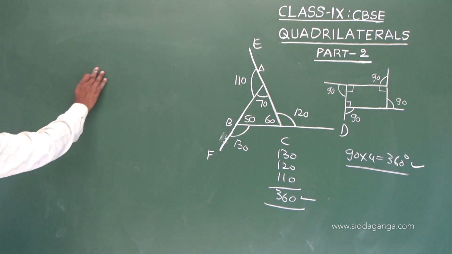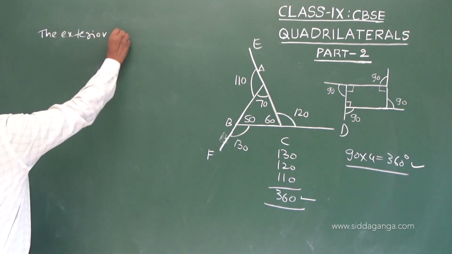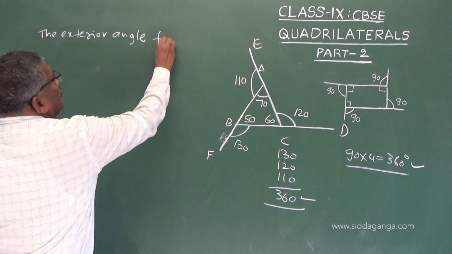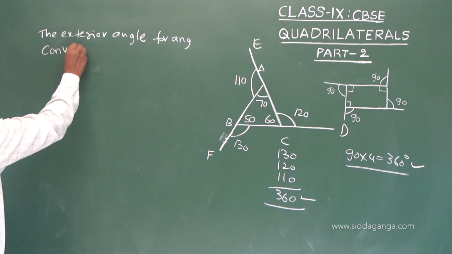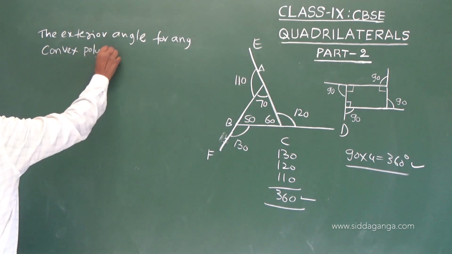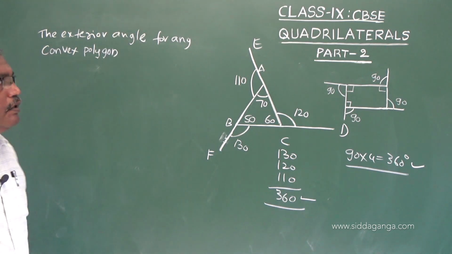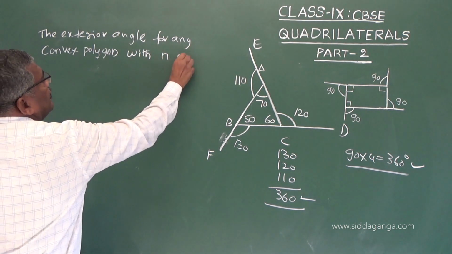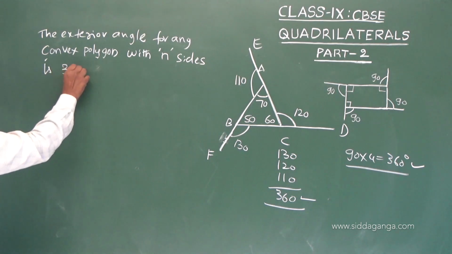So you note down: the exterior angle total for any convex polygon with n sides is 360 degrees.